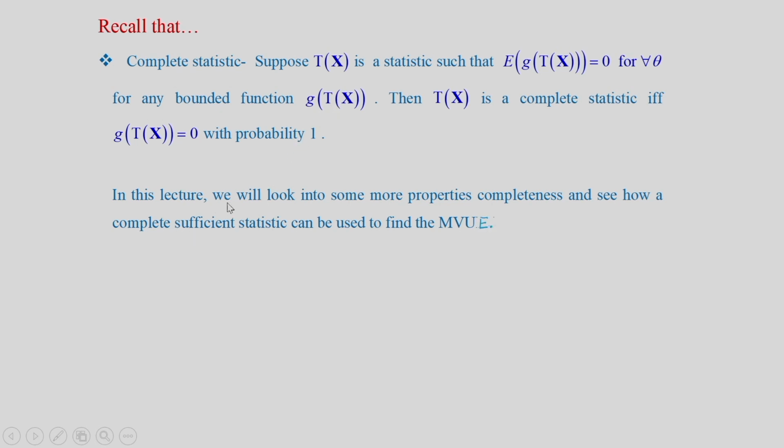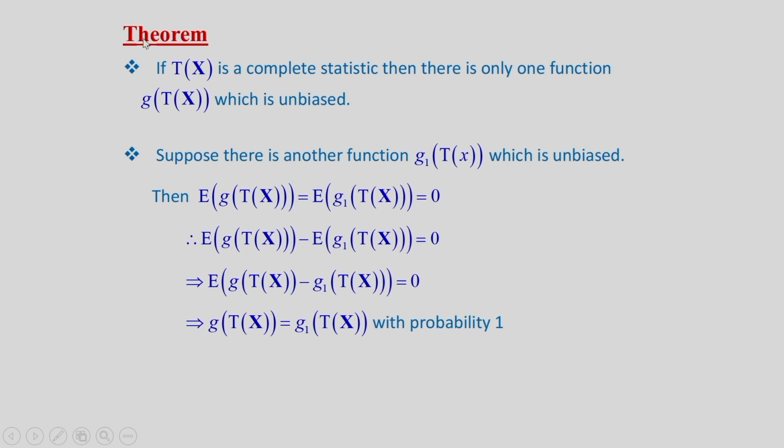In this lecture, we will look into some more properties of completeness and see how a complete sufficient statistic can be used to find the MVUE, minimum variance unbiased estimator. We will start with a theorem.